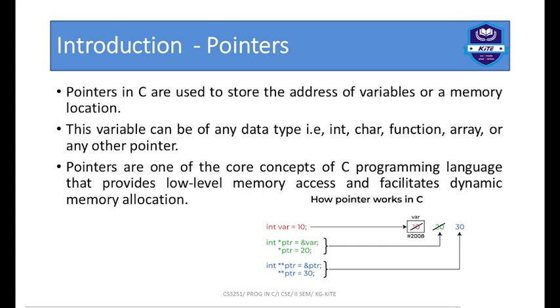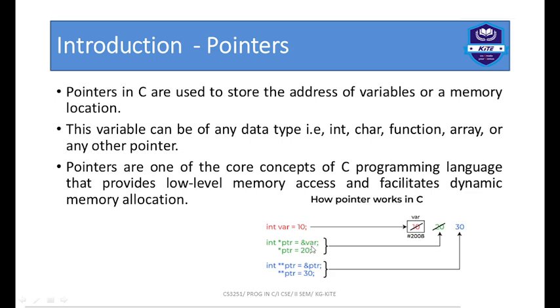Let's see how to define pointer variables. The first line is a normal variable creation. The name of the variable is var, and it is of type integer, and the pointer variable defined for this variable is ptr.